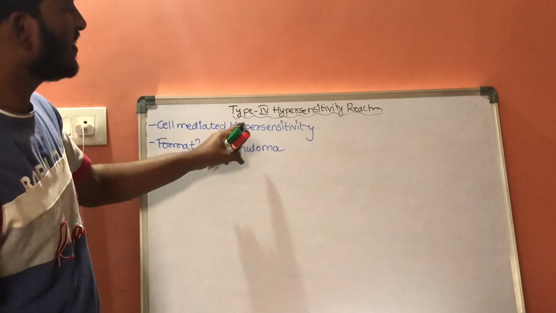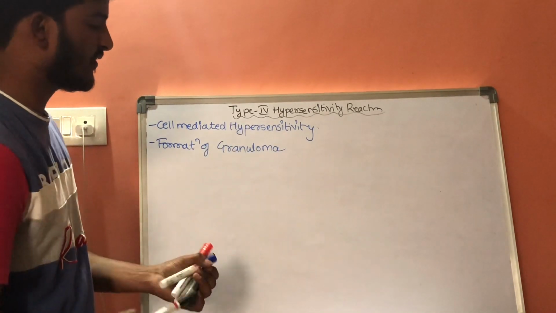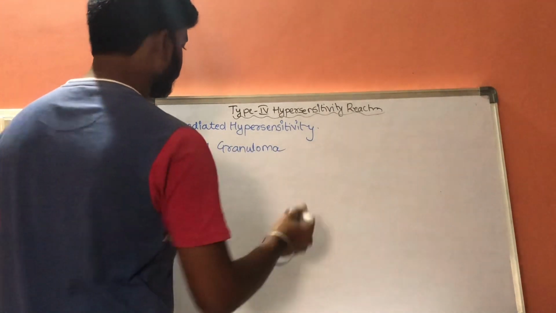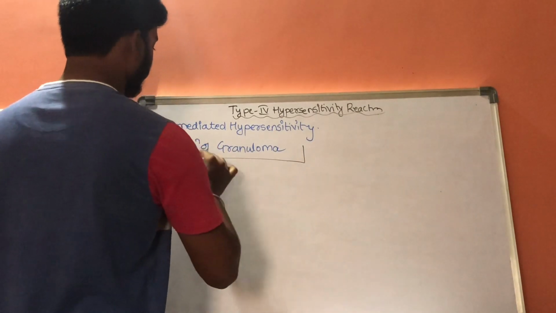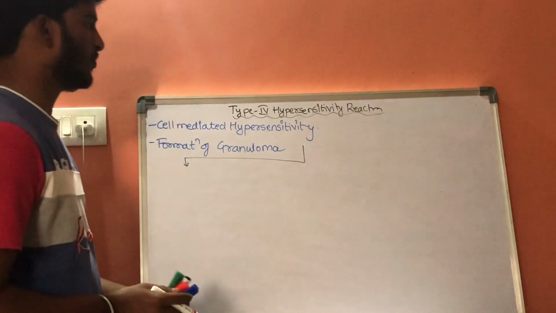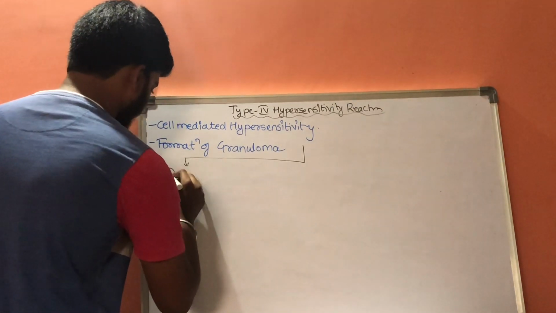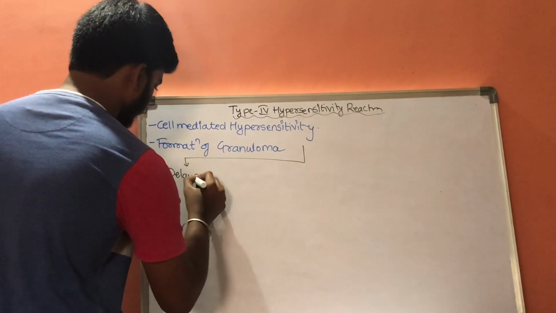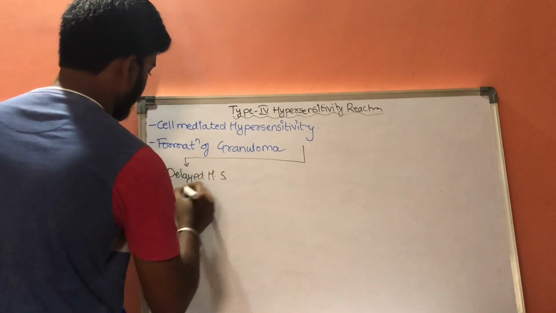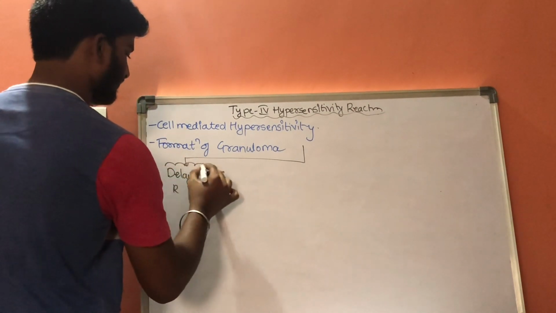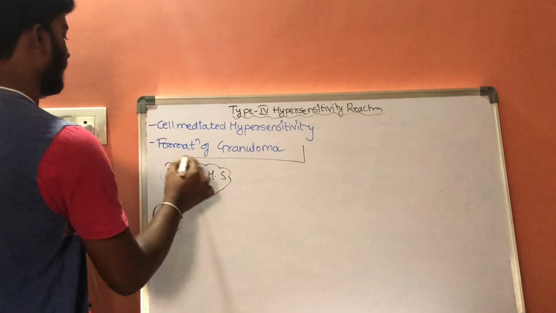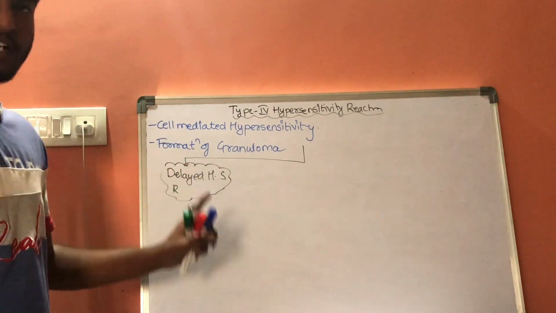Now, type 4 hypersensitivity reactions are classified internally into two forms. One is delayed hypersensitivity reaction.